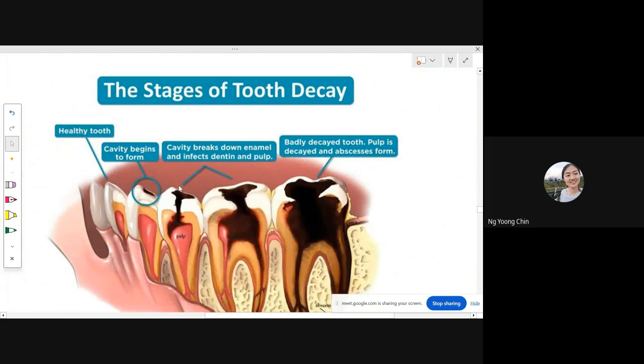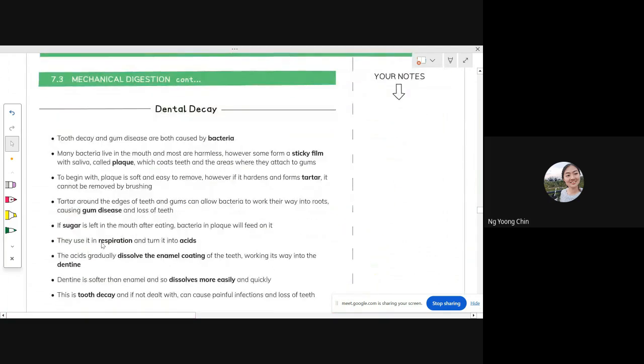Every time tooth decay happens, it actually starts from the enamel. See, enamel. So what will happen is whenever you don't brush your teeth every day, bacteria will grow within your mouth. The bacteria grow because you didn't brush your teeth.